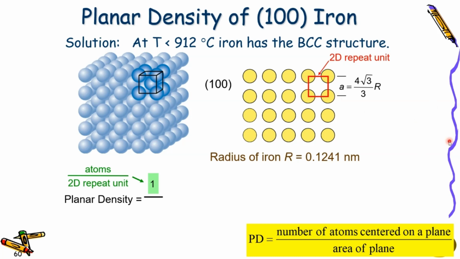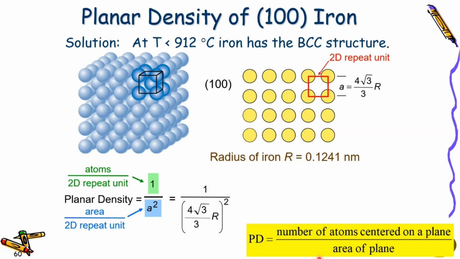This is the area, a squared, a times a. So equal to what? It's area per 2-dimensional repeat unit. And now you know the relationship between the edge length and the radius. So you put this number in.